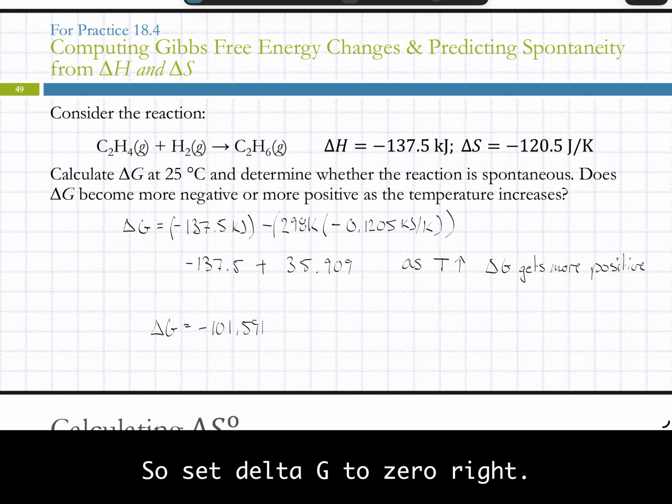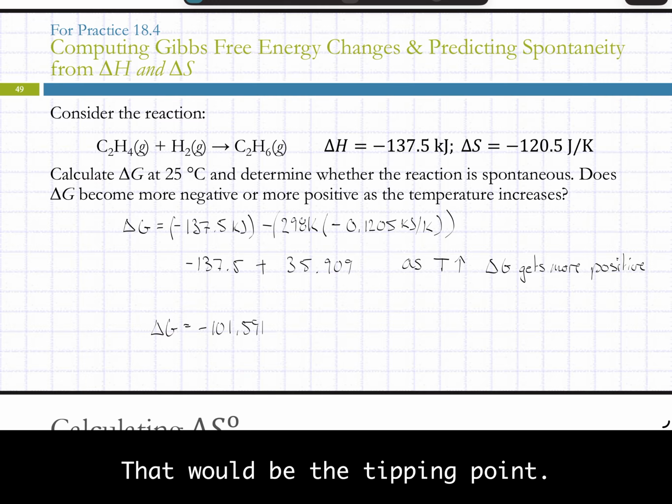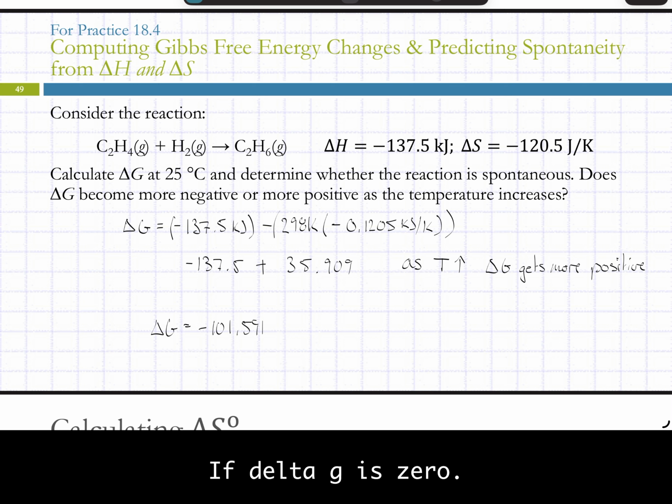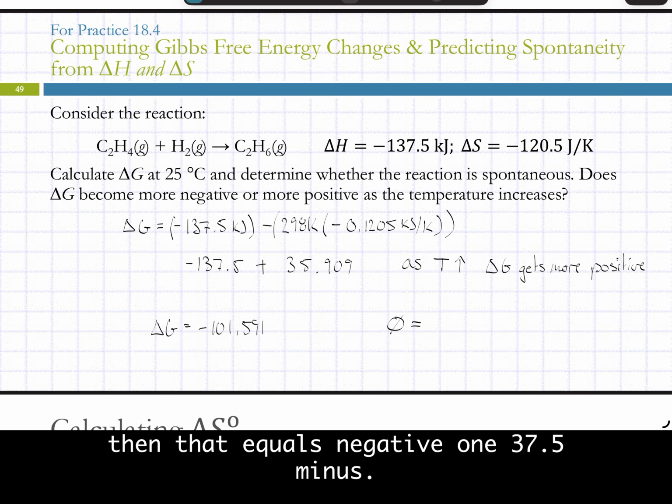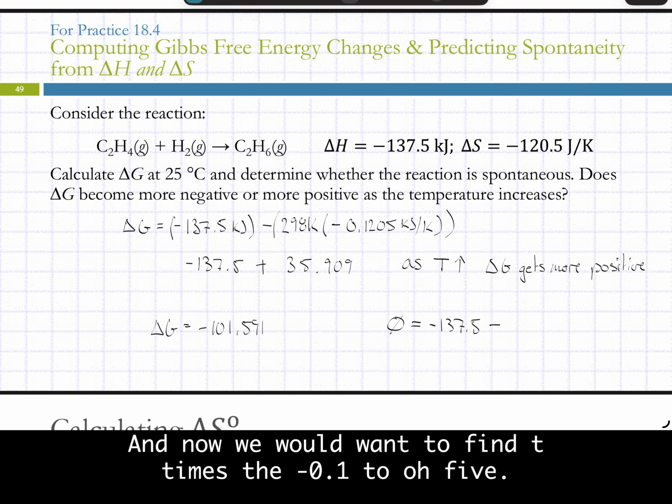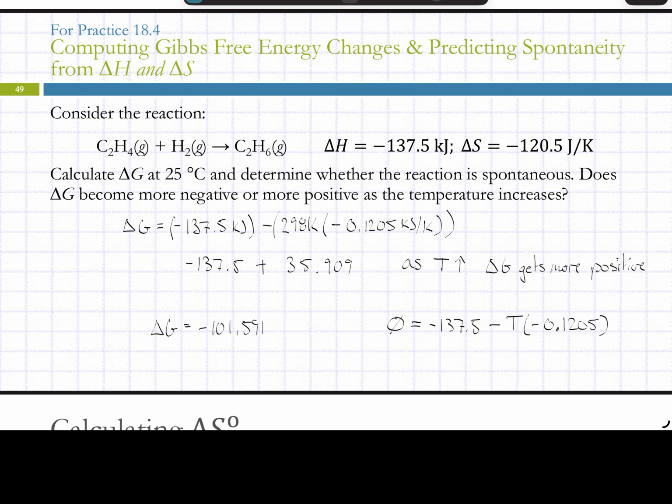So set delta G to 0, right? That would be the tipping point. If delta G is 0, then that equals negative 137.5 minus T times a negative 0.1205.